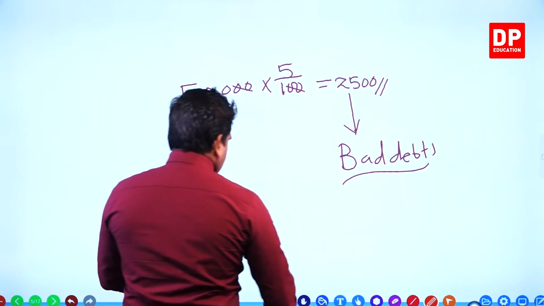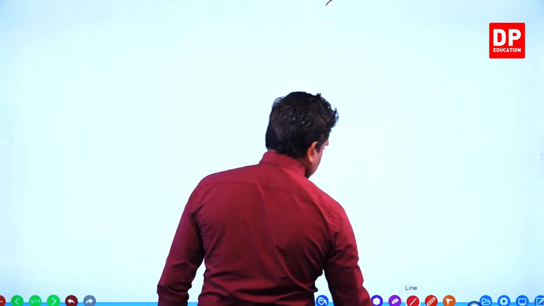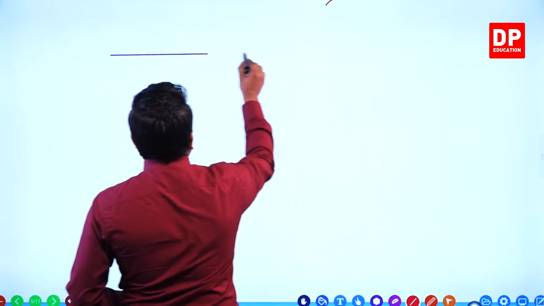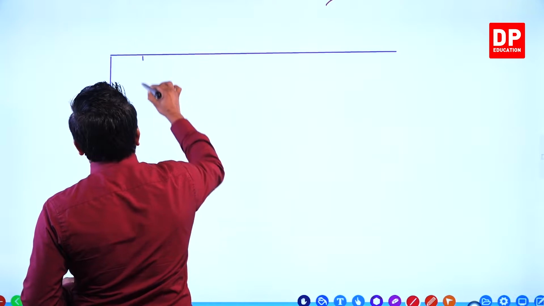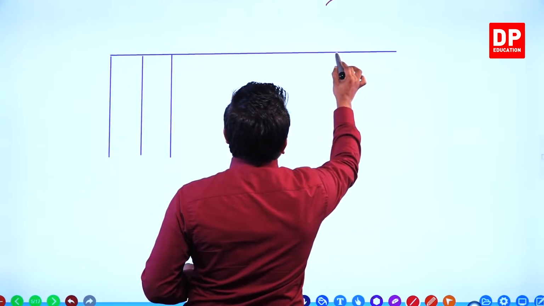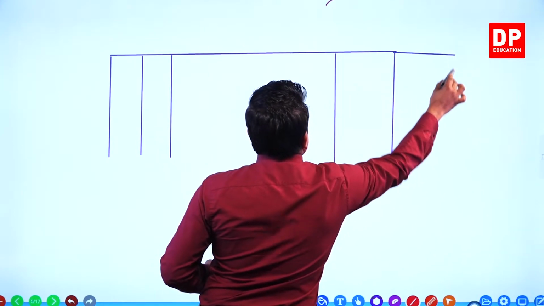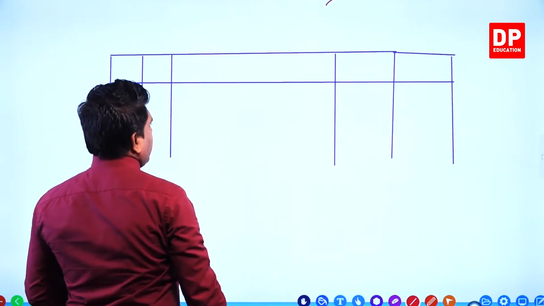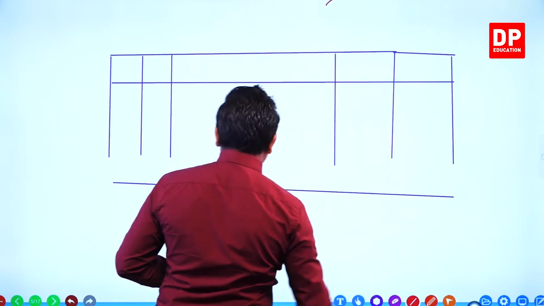Now, general journal: date, journal voucher, description, debit and credit. What else? You need two more accounts. They are the debtors account and the bad debts account.